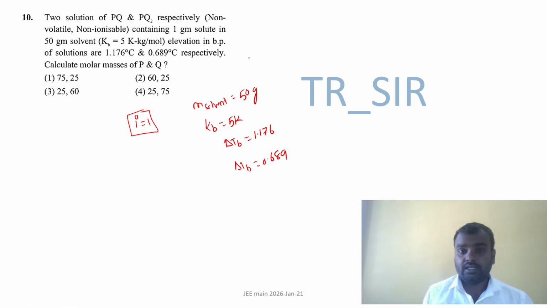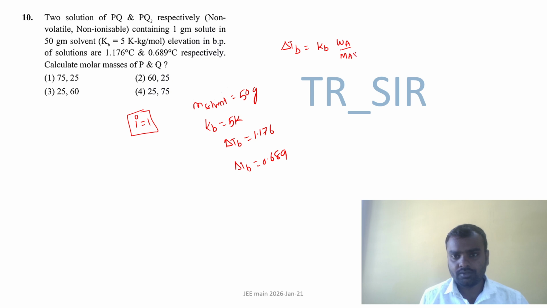So first, find out the formula: del TB is equal to i into Kb into molality. Molality means number of moles, and moles means given weight of solute by molecular weight of solute, into weight of solvent in kilograms, right?